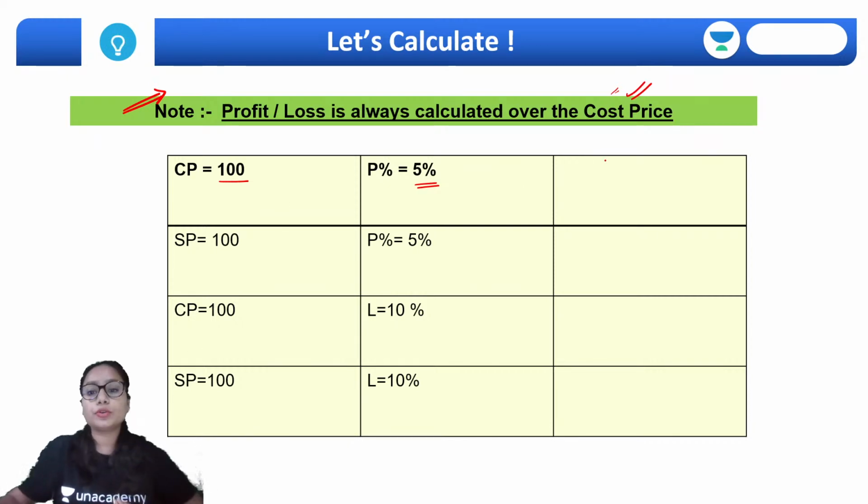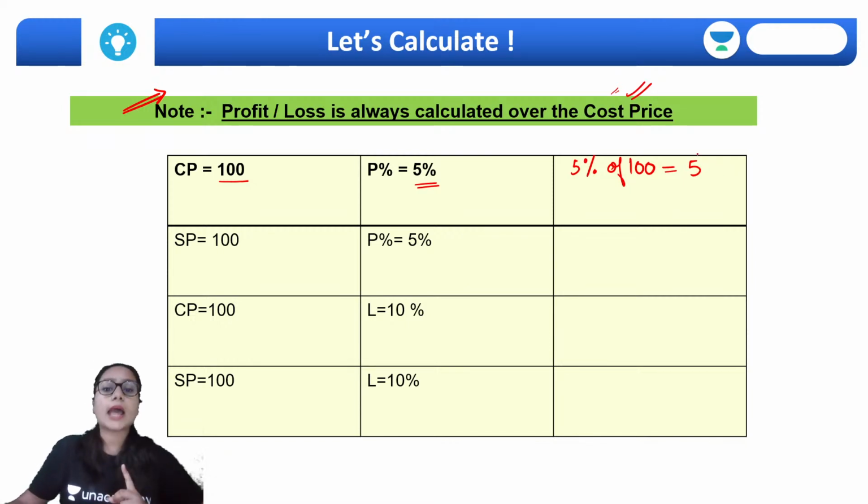So I am going to calculate 5% of 100, which is equal to 5. And I am going to add this profit to my cost price, because selling price is CP plus profit. So I get 105.